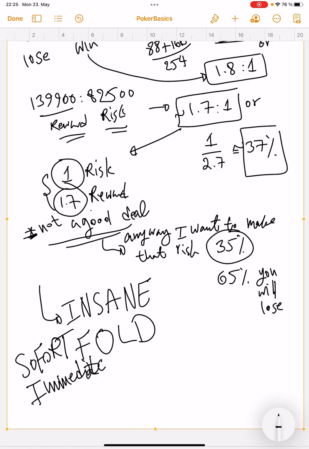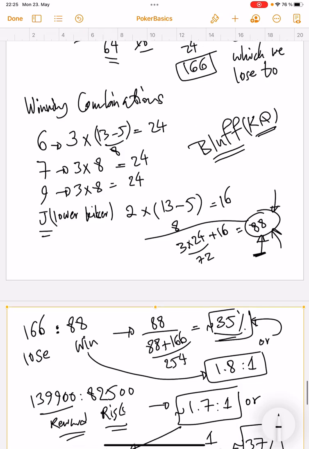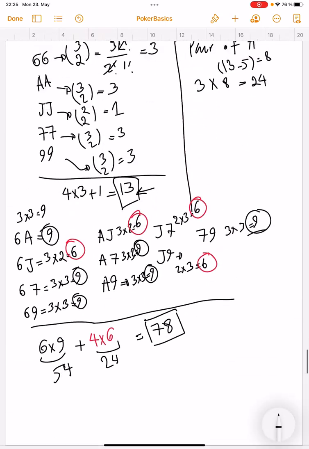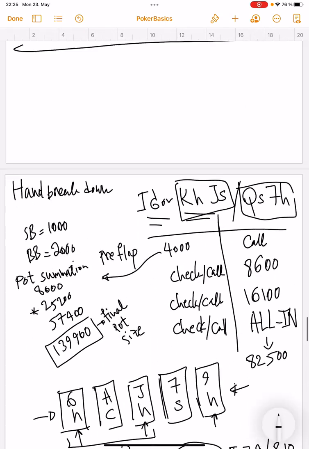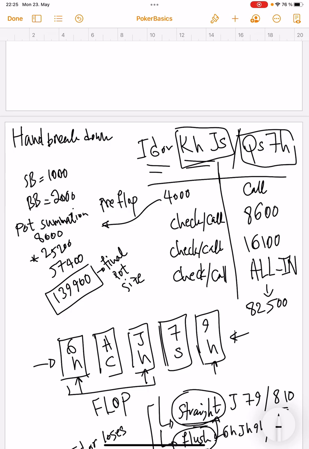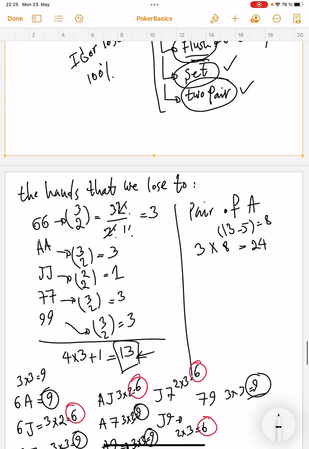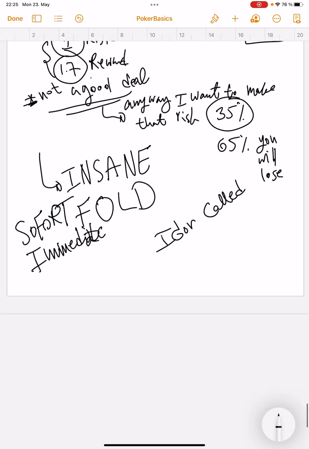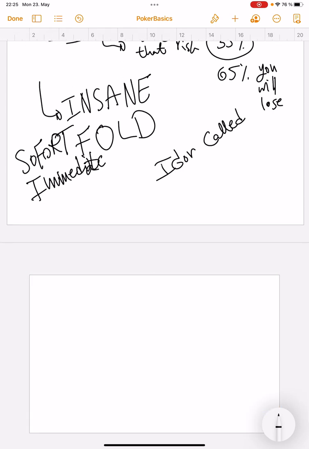But Igor called here, and when they asked him why he called, what he said is very, very interesting. There is a very, very important point here. Let me write it here.